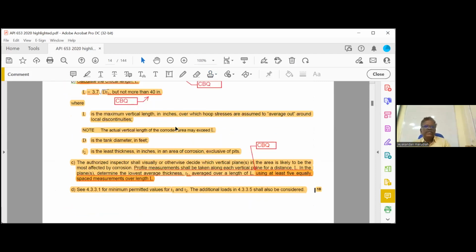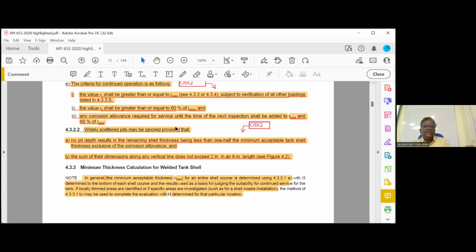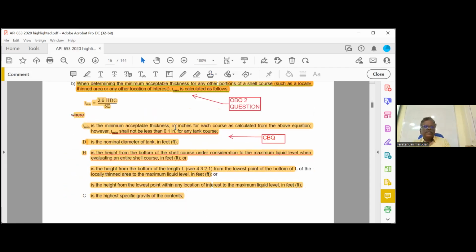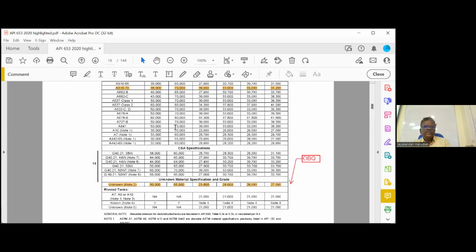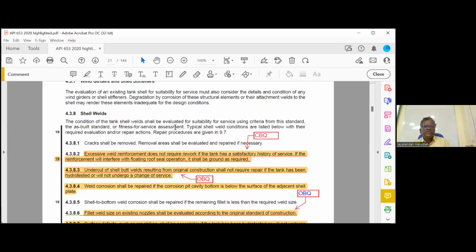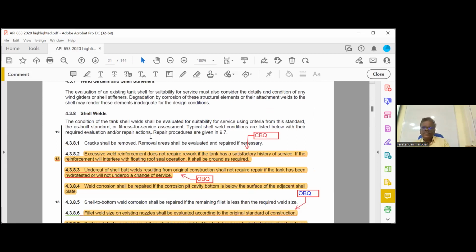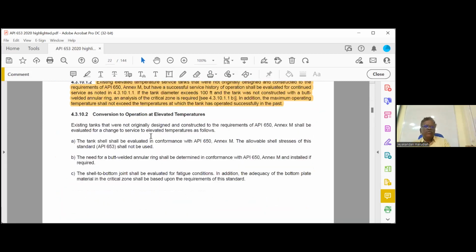So internal pitting. Where is it given? 4.4.2.